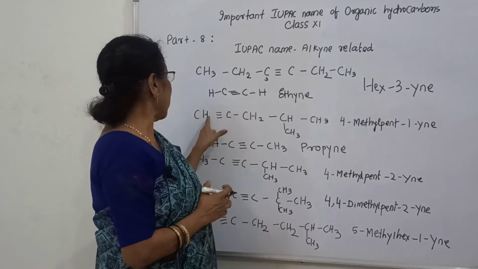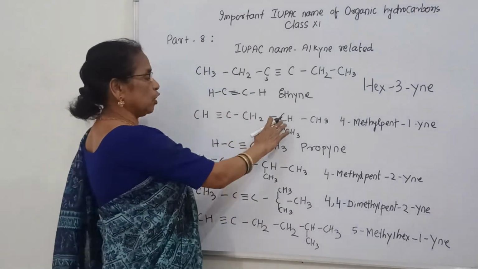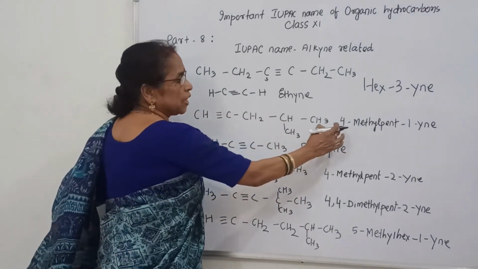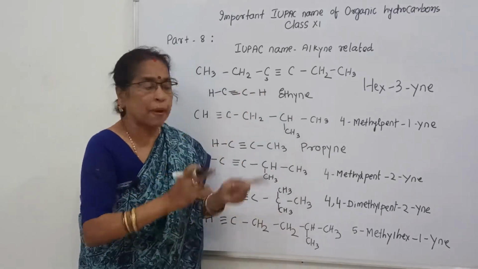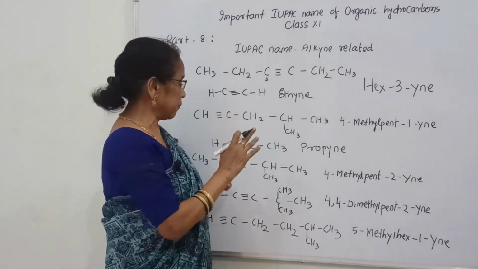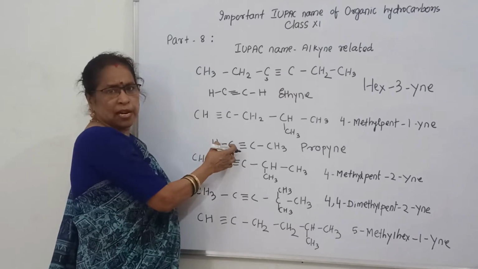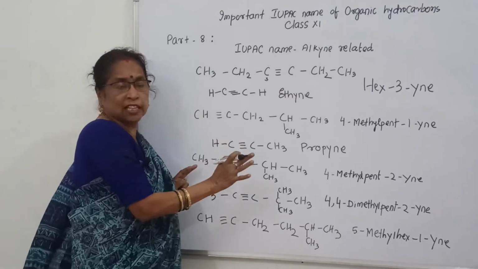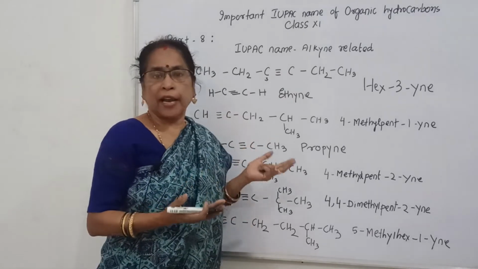And here 1, 2, 3, 4, in 4 position there is a methyl group, so it is 4-methylpent-1-yne. See, this is very simple, having a triple bond, no branch, nothing else, that is why it is propyne.